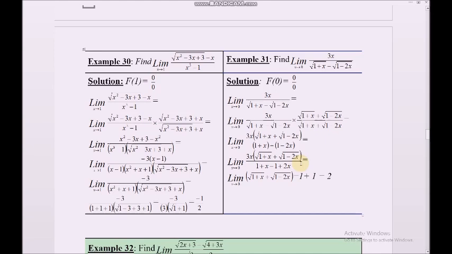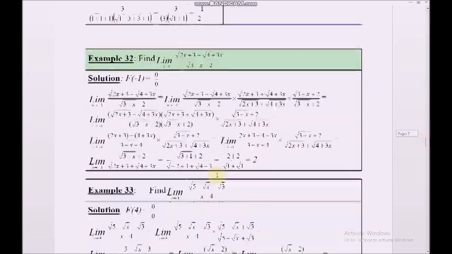And also we have 3x above. So cancellation, the final is square root 1 plus x plus square root 1 minus 2x with positive sign between. Making substitution using 0, the final is 1 plus 1 is 2.